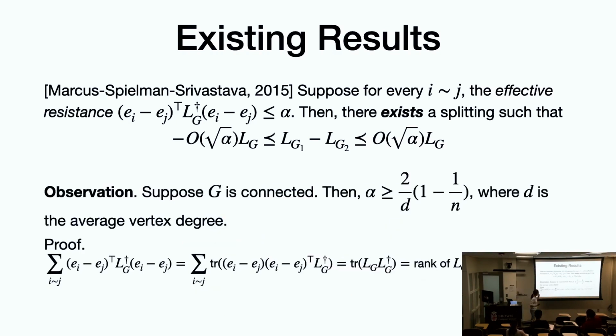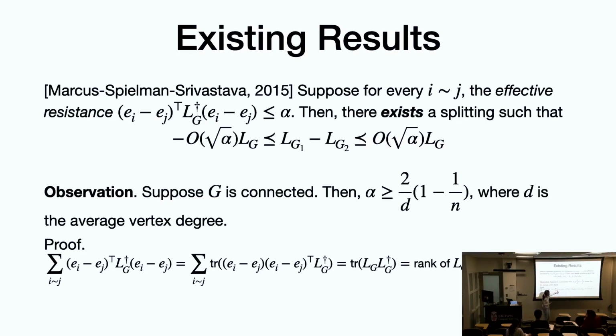There is also a lower bound for the maximum effective resistance. We can lower bound this alpha by some constant over the average vertex degree. This is because here I sum up all the effective resistances between any two endpoints of an edge. This is a scalar, so this scalar equals the trace of this scalar. And then I can put this vector here.